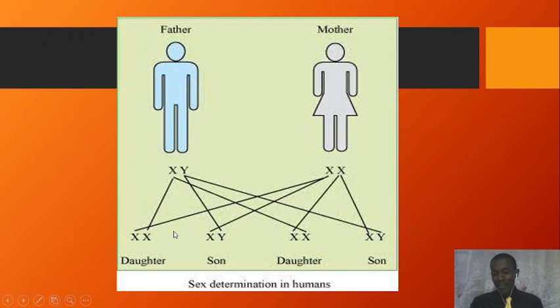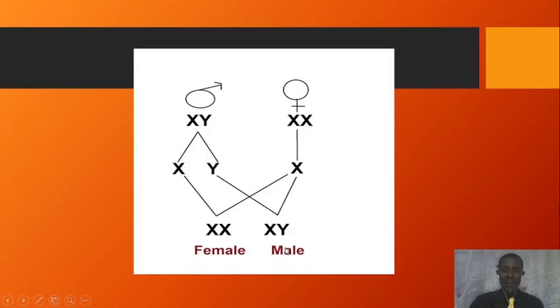The ratio, of course, is 2:2, 2 daughters and 2 sons in 4 possible offspring. It doesn't mean it will always follow this pattern, but these are the 4 possible offspring that can be given birth to. XY for male and then XX for female. Now, that is how to determine the sex of an offspring. This next slide further explains that.